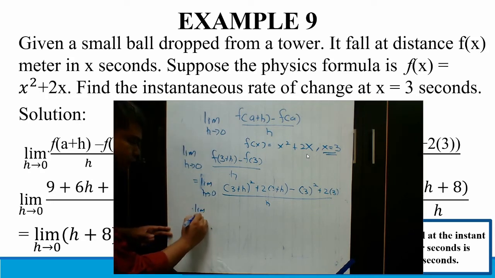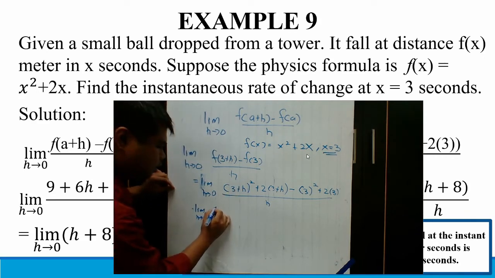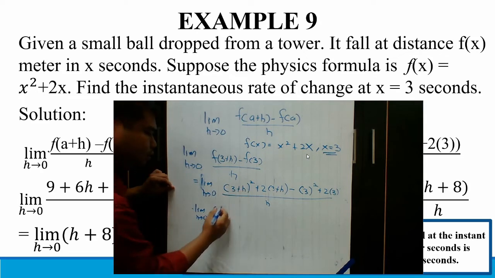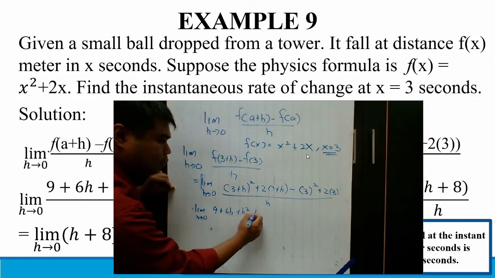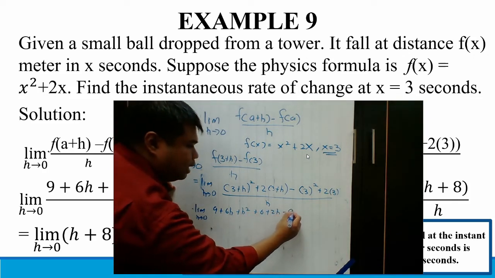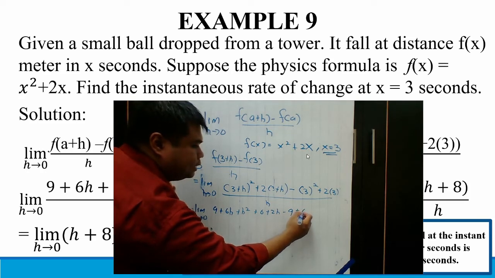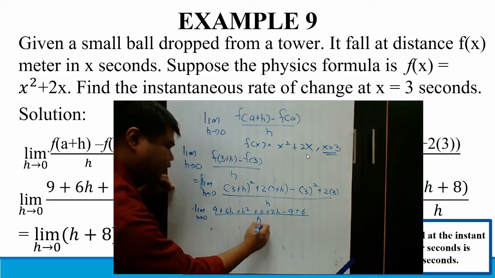Limit as h approaches 0. I need to open the brackets, which is 9 plus 6h plus h squared plus 6 plus 2h minus 9 plus 6, divided by h.